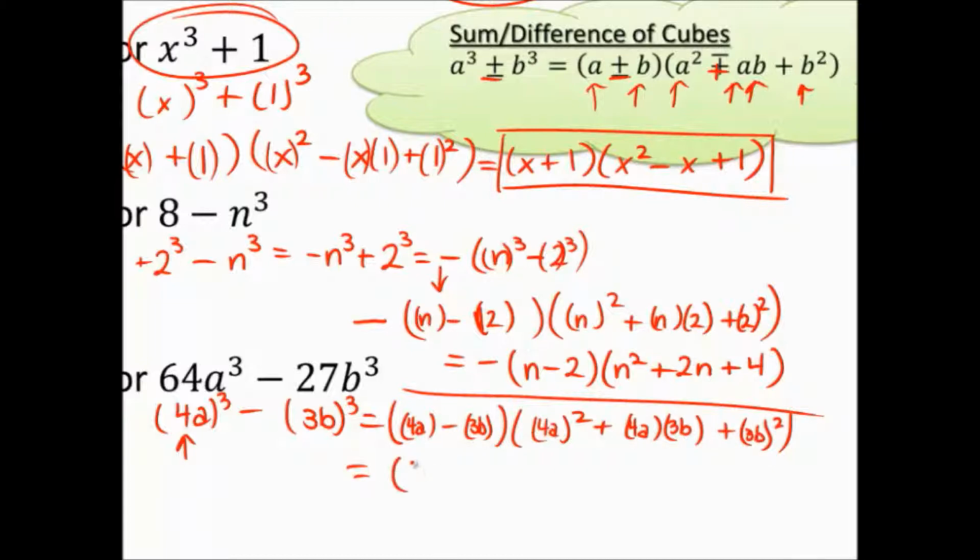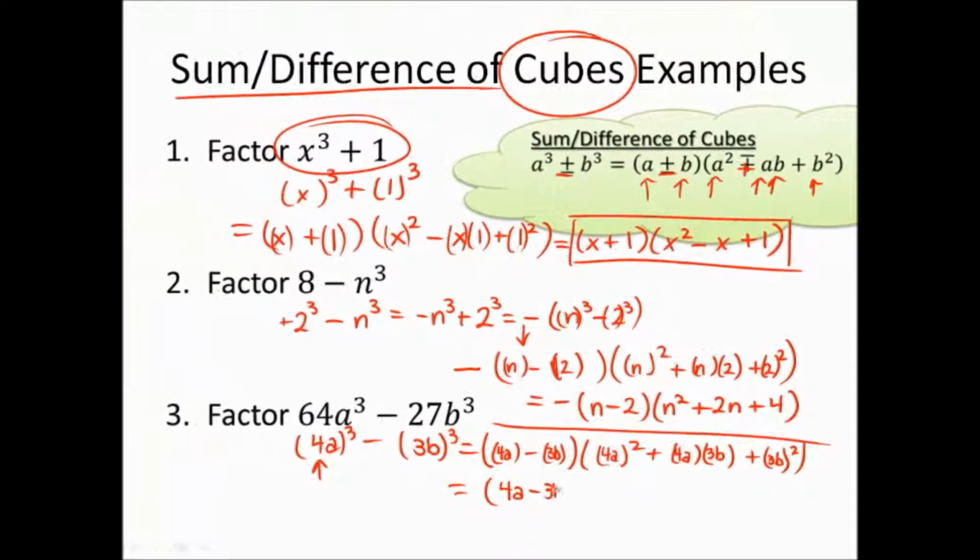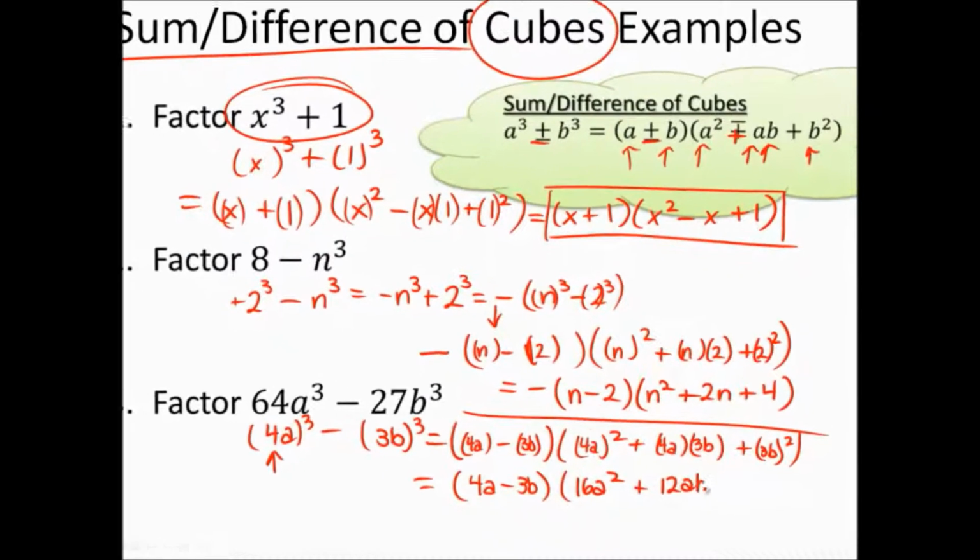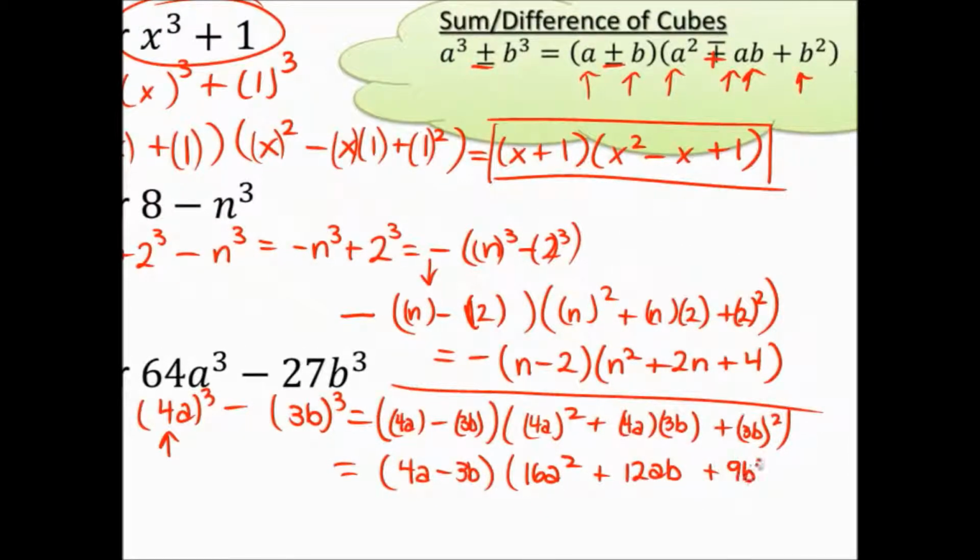Now let's simplify that. That gives us 4a minus 3b. And remember, this is why I'm writing the brackets, because we're taking 4a and squaring it, not just a squaring it. So that'll be 16a squared plus 12ab plus 9b squared. And if you'd like, you can multiply that out and you should get this difference of cubes back again.